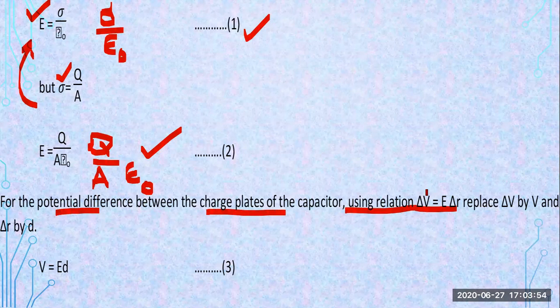It was called potential gradient, the rate of change of potential with respect to the distance from the charge producing electric intensity.